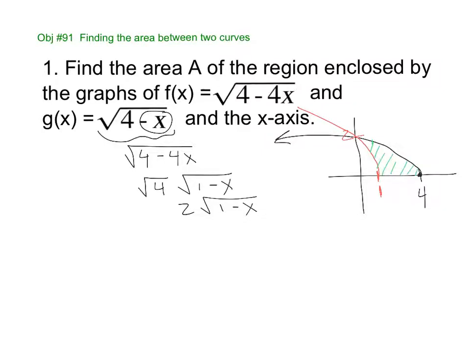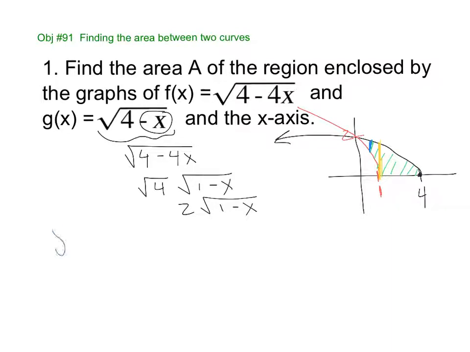Now, this is why y's are good. Doing this in terms of x is really annoying. The problem is that it changes top minus bottom. Between 0 and 1, my black graph, the 4 minus x, is on top, and the square root of 4 minus 4x is on the bottom.